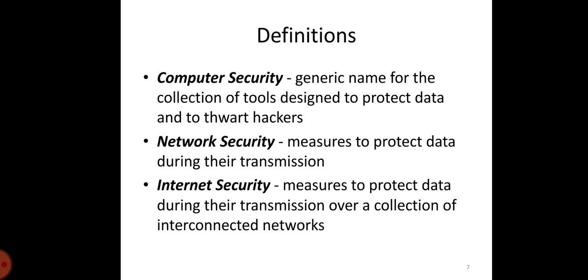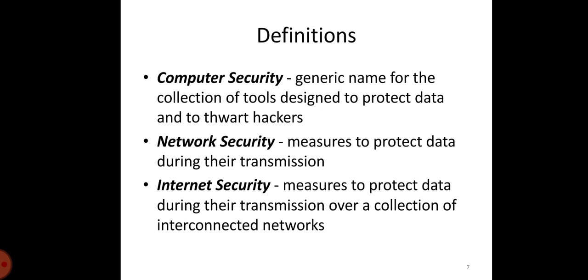Some of the definitions. First one is computer security. It is a generic name for the collection of tools designed to protect data and to thwart hackers. Network security: measures to protect data during their transmission.